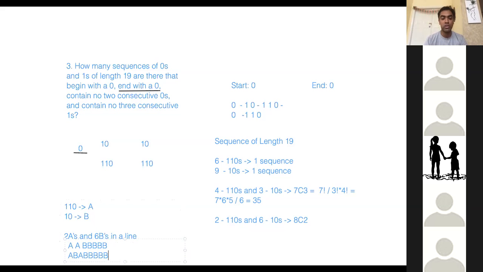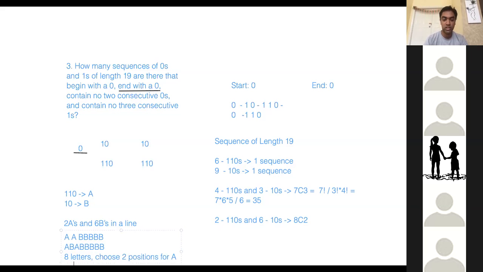So basically I have now 8 letters in a row. And what I want to decide is I want 2 of them to be A's. So in the 8 letters, I want to choose 2 positions for A. So this is 8 choose 2. And what is 8 choose 2? 28.